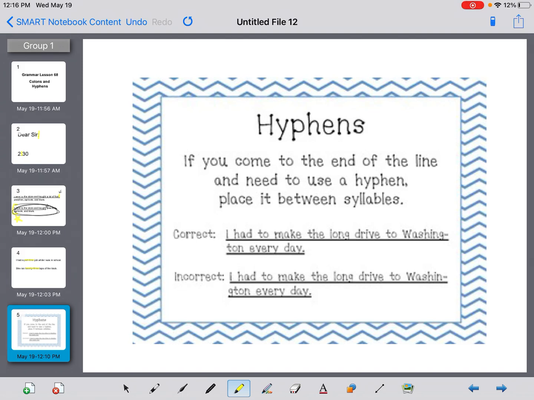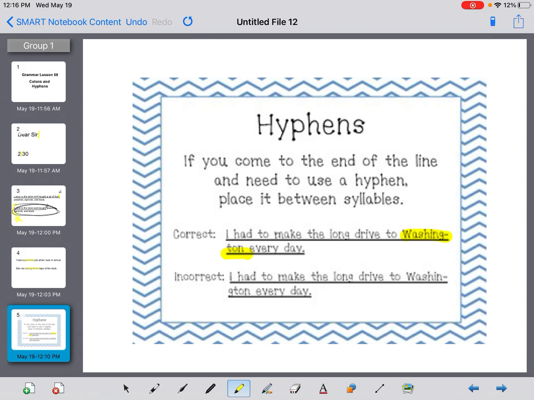Don't just randomly separate it wherever you want and put whatever letters you want at the end of the line. It has to be between syllables. So in this example, "I had to make the long drive to Washington every day," we have Wash-ington. Our syllables are separated.